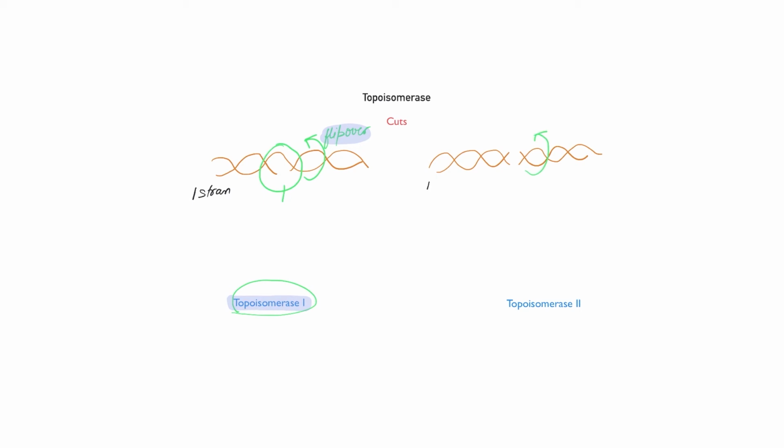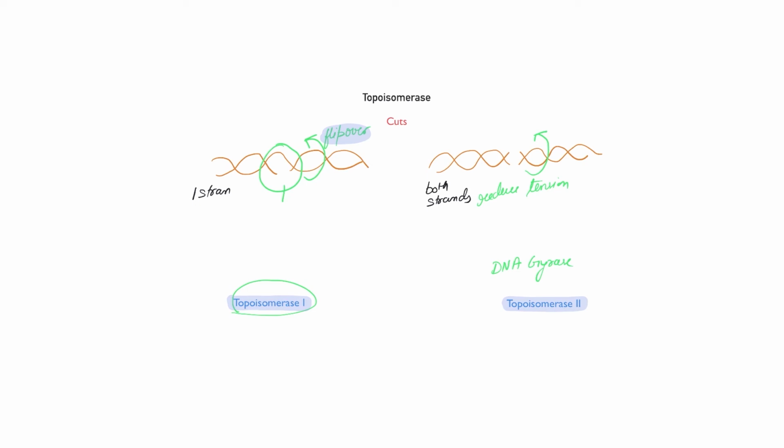One of the famous topoisomerase 2 enzymes is also called DNA gyrase. So DNA gyrase is another topoisomerase 2, an example found in E. coli, and it can also reduce tension by allowing the supercoiling to be resolved.